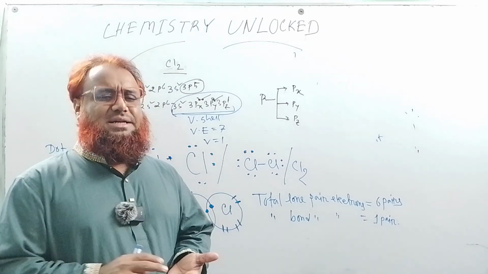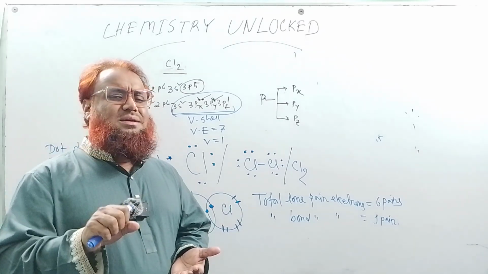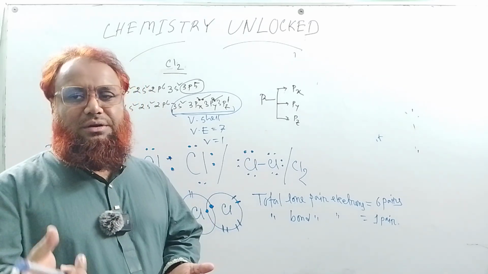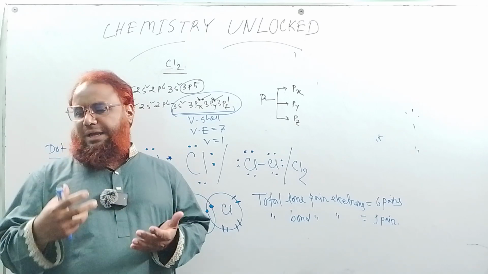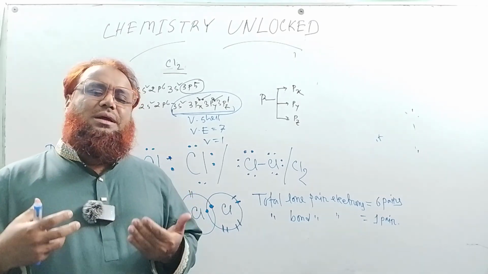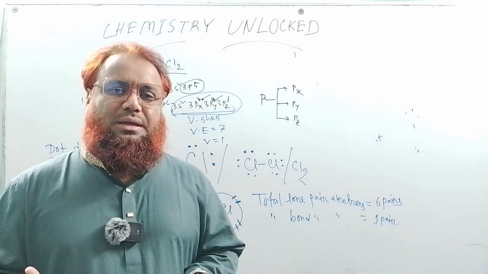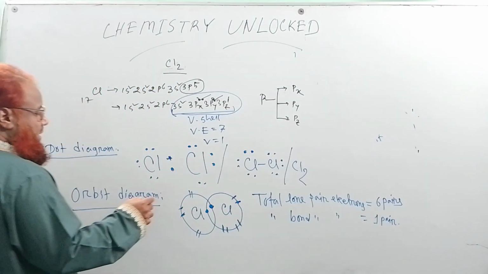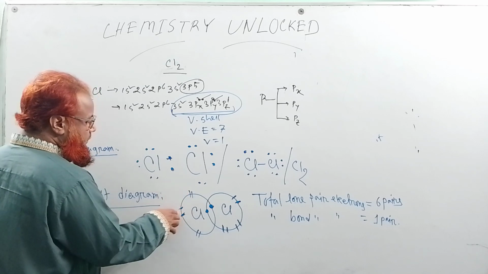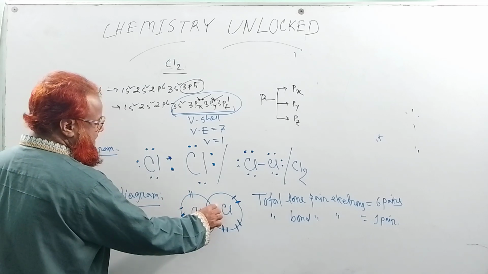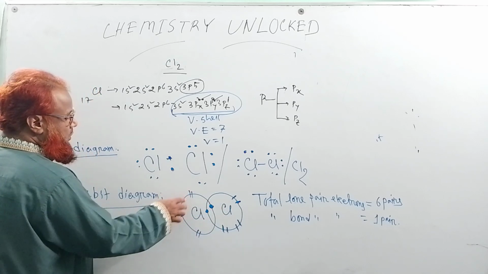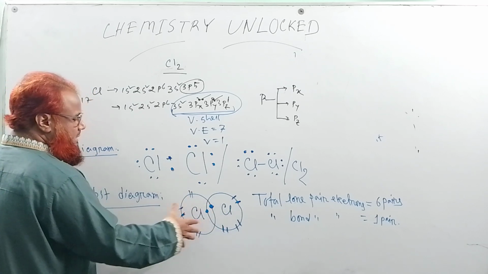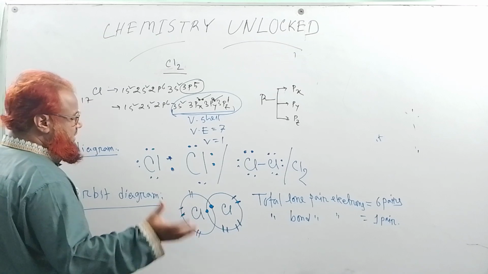Obtaining 8 electrons by electron donation, receiving or sharing is known as what? Octet rule. So look at the board everyone: 2, 4, 6 and 8. Again 2, 4, 6 and 8. So this Cl2 molecule follows the octet rule.